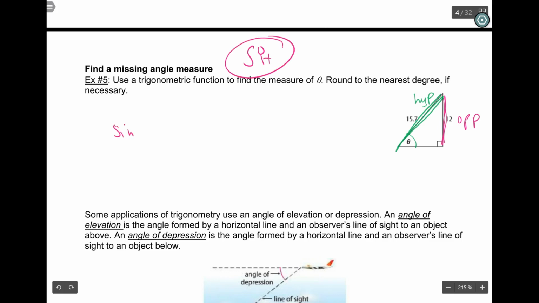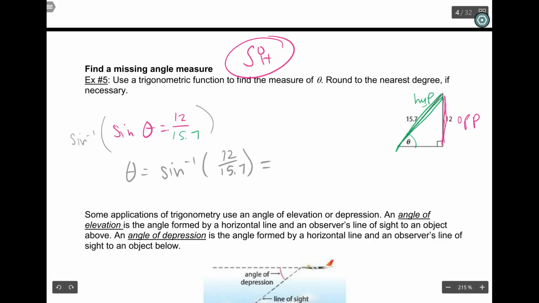So sine of theta is equal to opposite, which is 12, over hypotenuse, which is 15.7. If we want to find theta by itself, do the inverse on both sides. Inverse of sine, they cancel out, so we get theta by itself. And then we get sine inverse of 12 over 15.7.